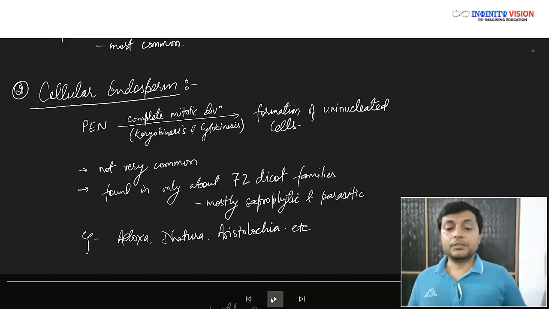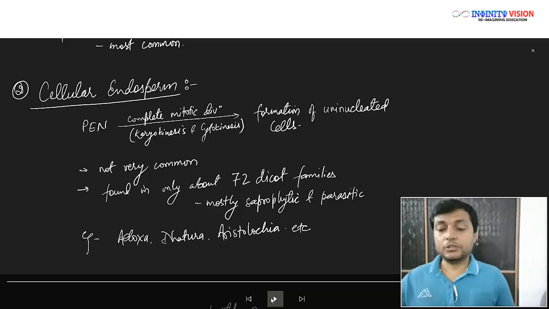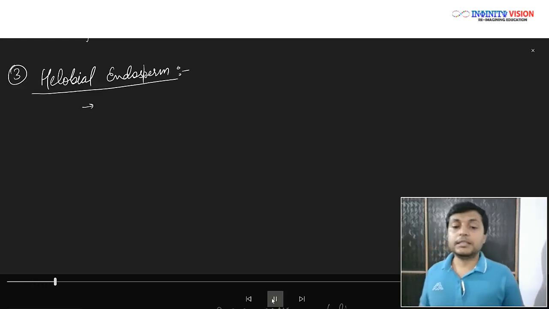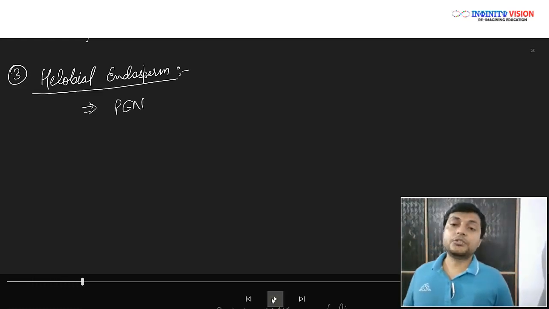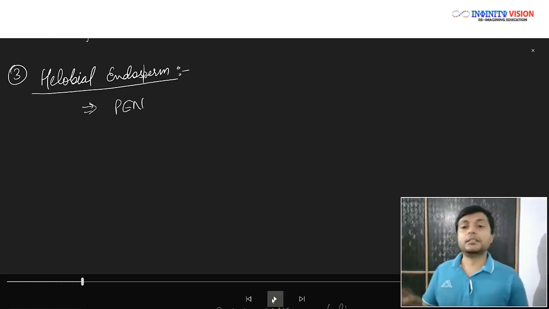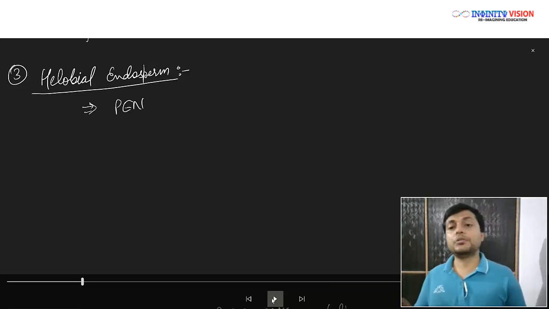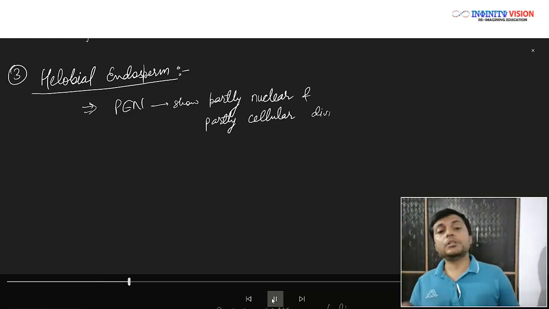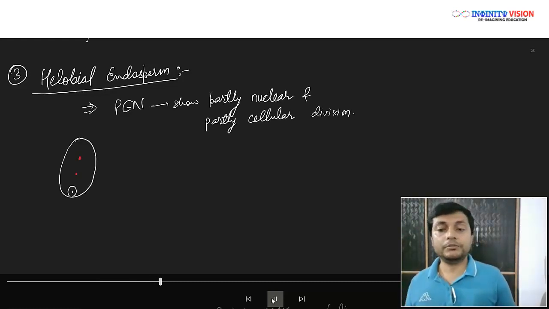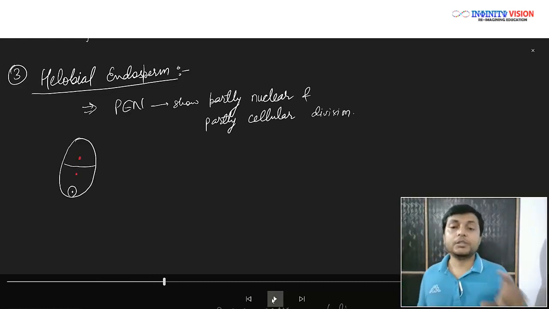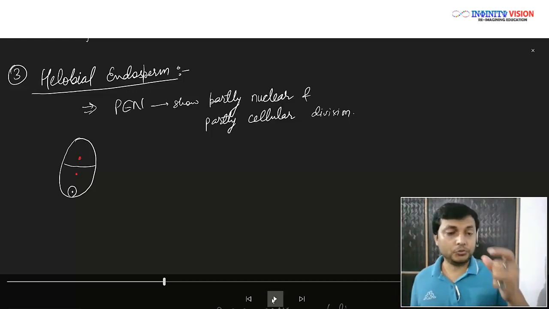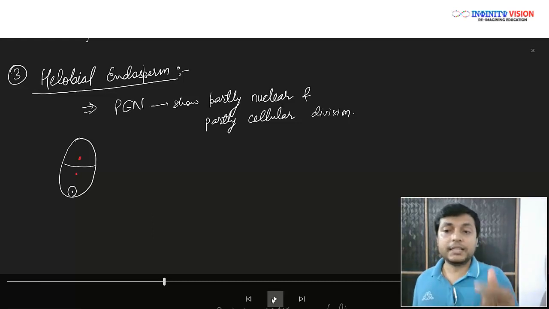Apart from this, there is another type of endosperm called helobial endosperm. The helobial endosperm is actually a mixture of both nuclear and cellular endosperm. The PEN undergoes partial nuclear and partial cellular division. How does it happen? The PEN first divides to form two nuclei, followed by cytokinesis.